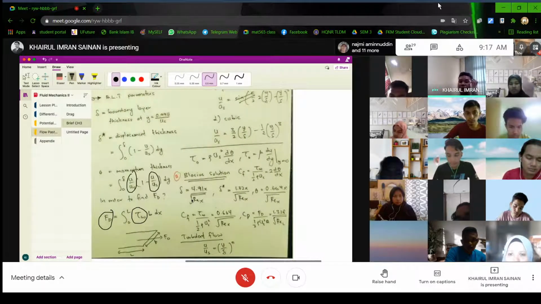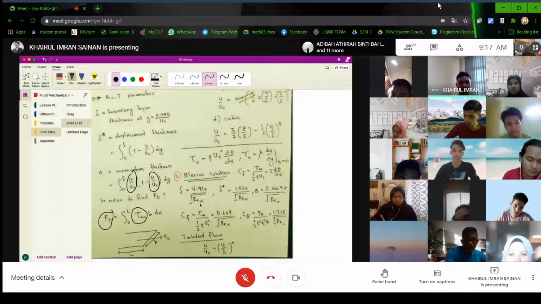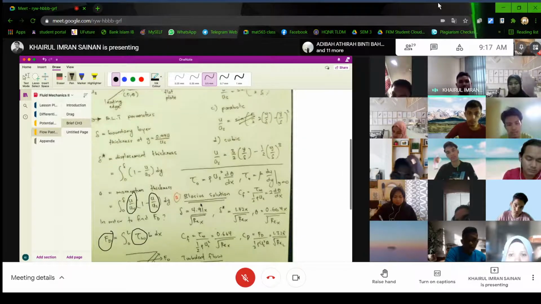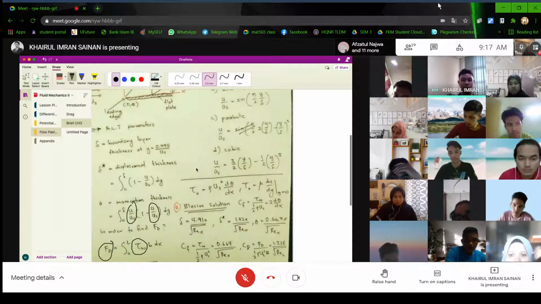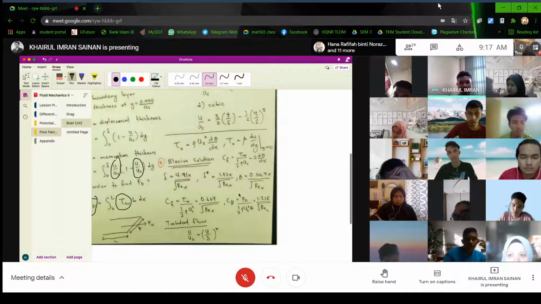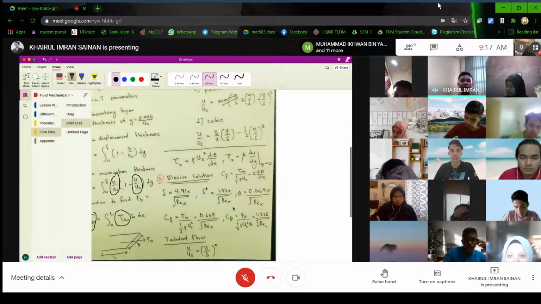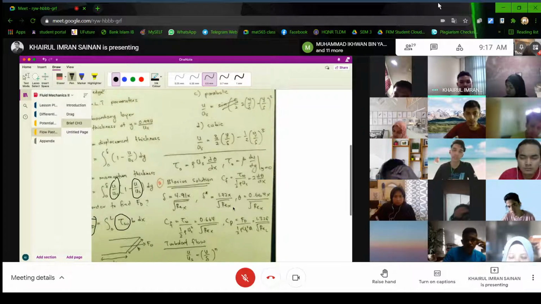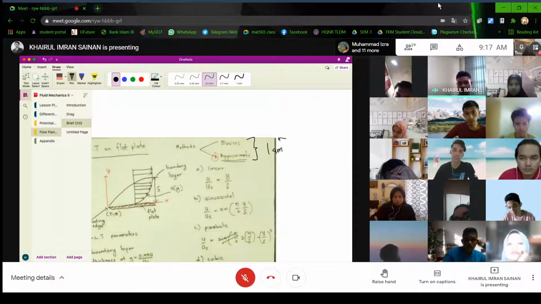So this is the value of the Blasius solution: delta is 4.91x divided by square root of Re_x. What is Re_x? Just now, right? So Ux divided by mu. Then delta star, theta, CD. So that is approach B, which is the Blasius solution, for laminar.